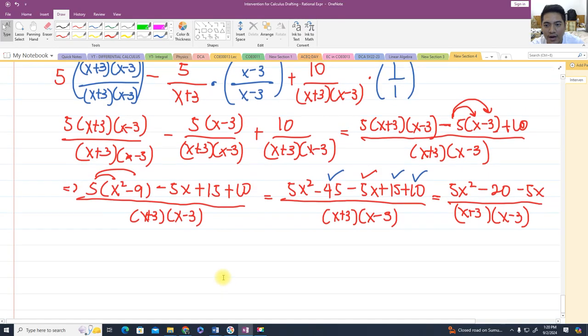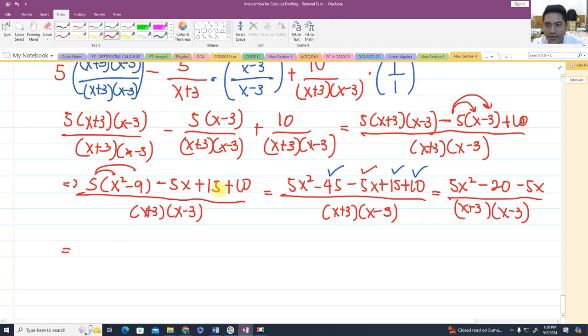Okay, I can still factor out 5x squared by simply getting the 5. Factoring out 5, I have 5 times x squared minus 4 minus x, all over x plus 3 and x minus 3.